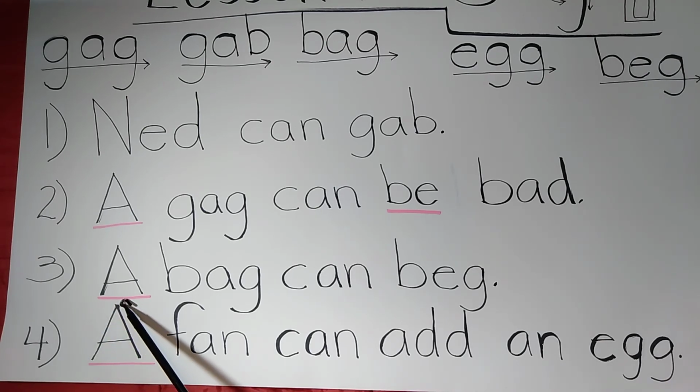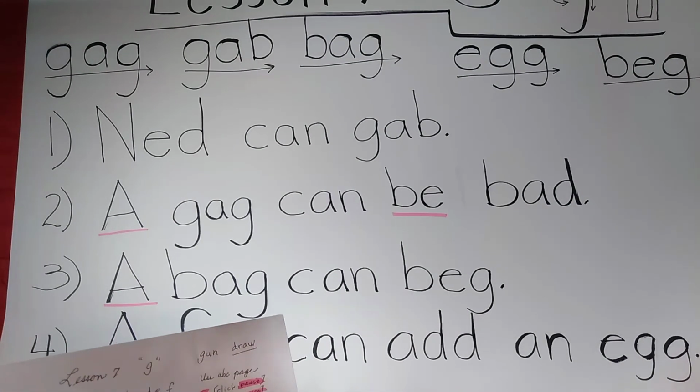Number 3. A bag can beg. No, bags are not alive. They're not doggies. They're not cats. They're not people. They can't beg. False. Number 4. A fan can add an egg. This is false, just silly, even sillier than number 3.